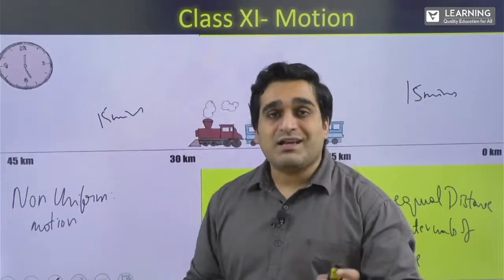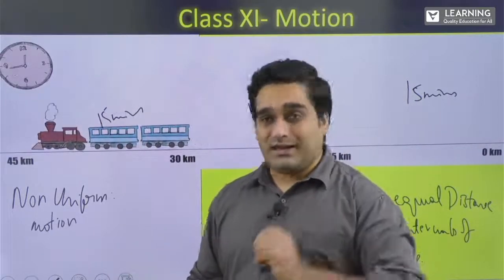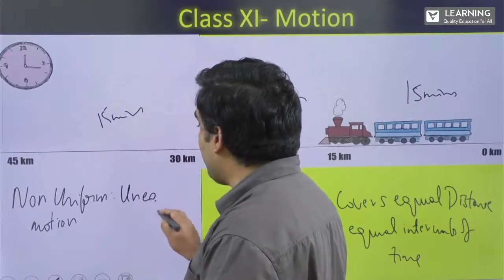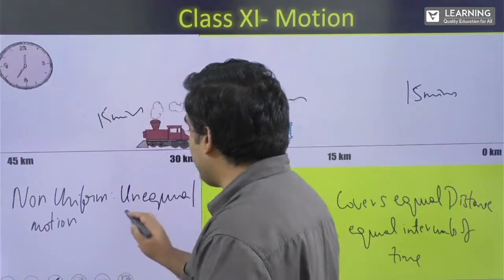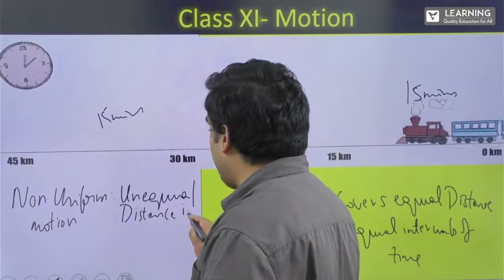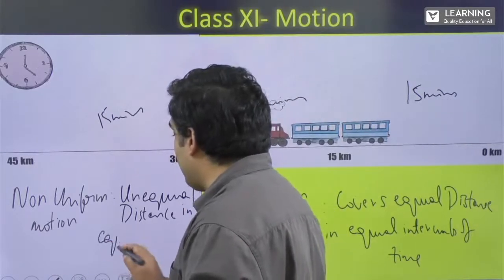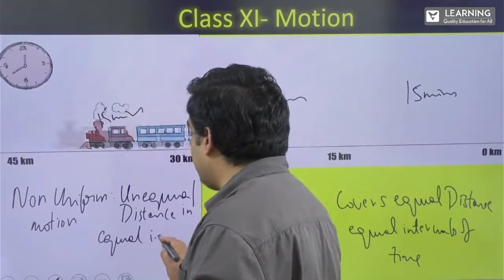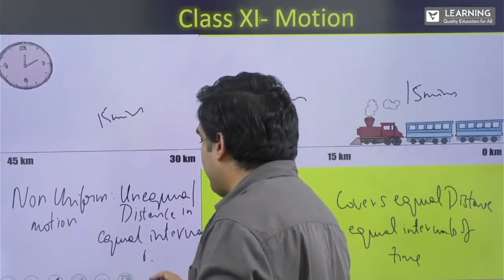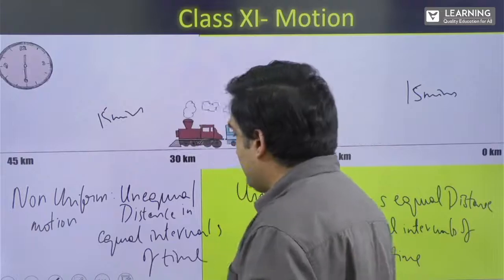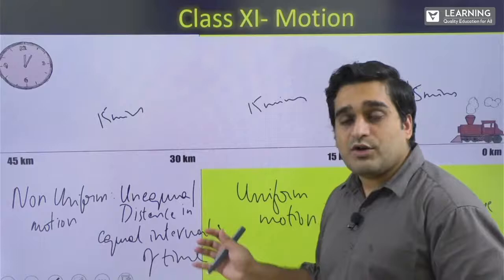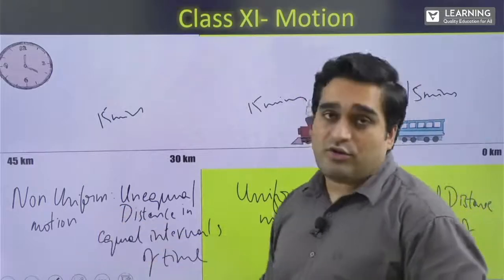When it covers unequal distances in equal intervals of time. So this is how you distinguish two different types of motion, which are uniform motion and non-uniform motion.